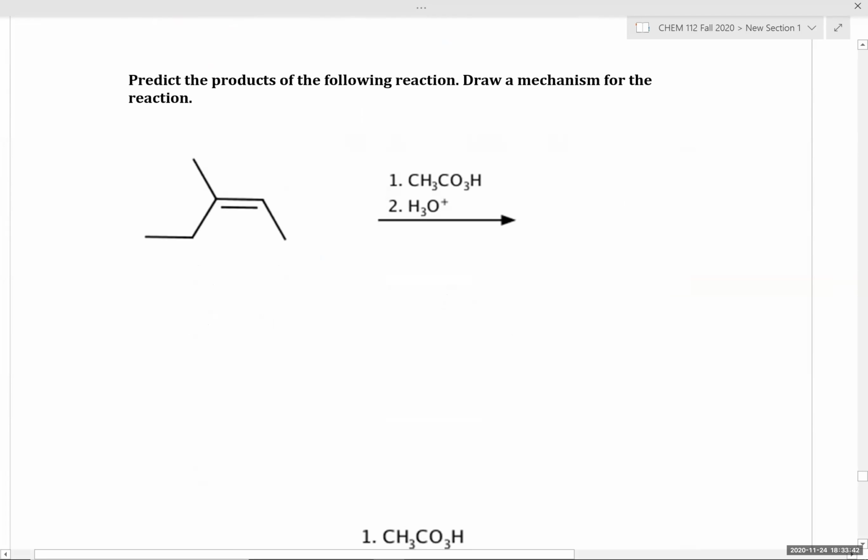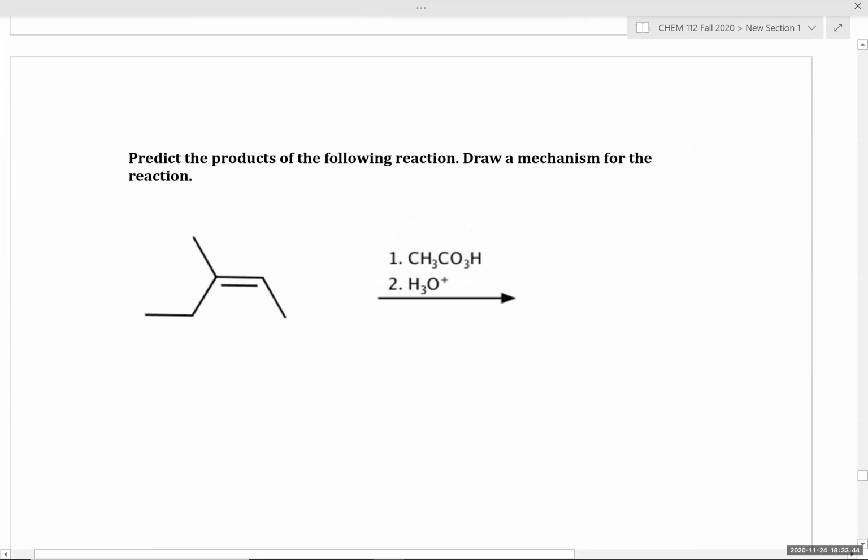Okay, so let's now look at predicting the products for the following reaction. What type of alkene are we dealing with in this case? So we see in the chat, a lot of students commenting that we have a Z alkene.